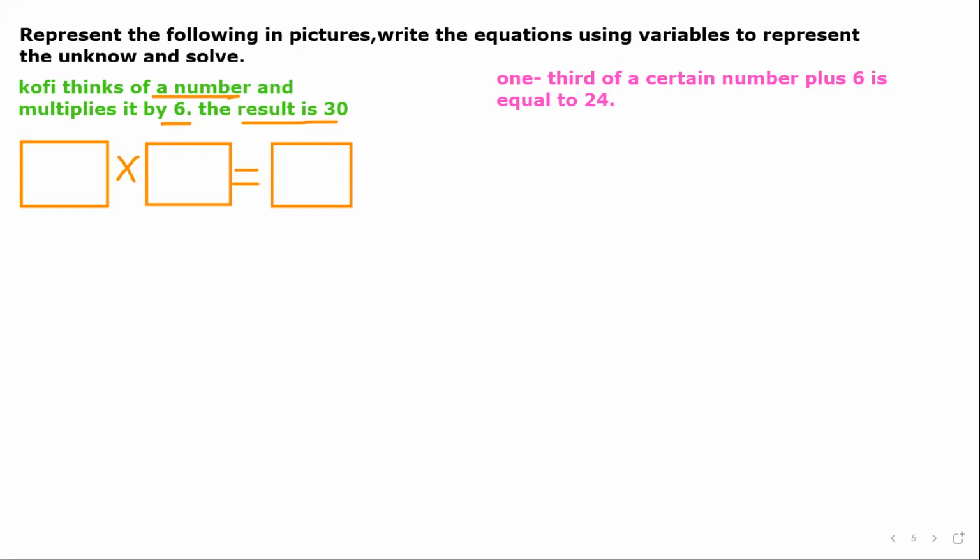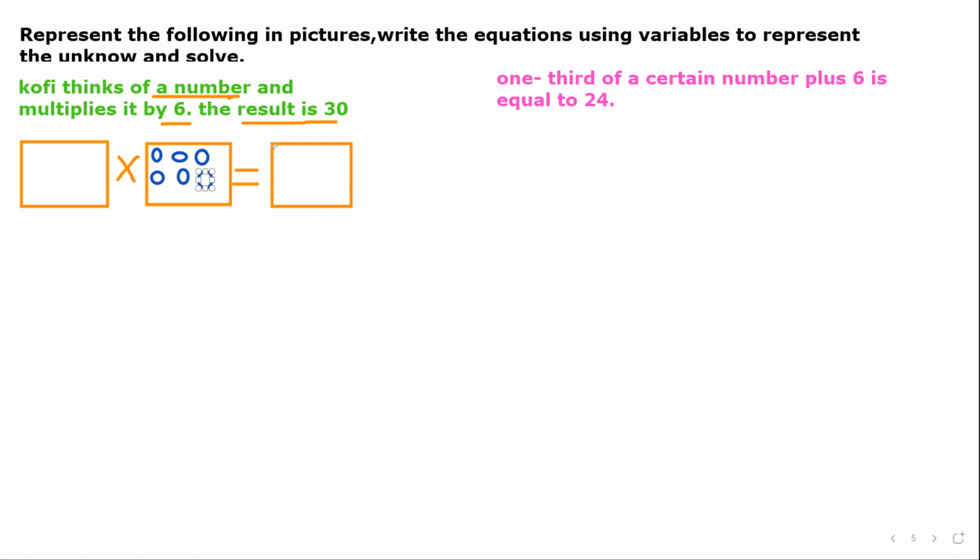So let's quickly demonstrate or put some of the shapes here. So the number that Kofi was thinking of, we don't know, okay? But after thinking of, you multiply by 6, so you have 6 here. So 1, 2, 3, 4, 5, 6.